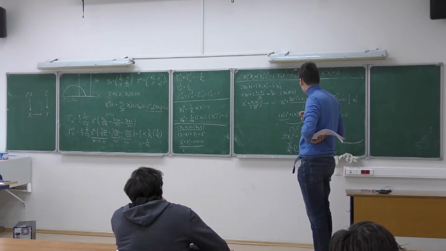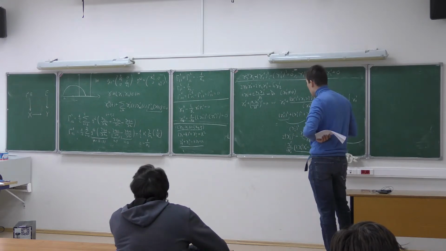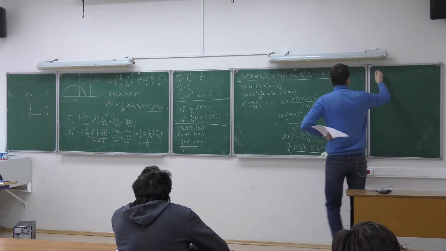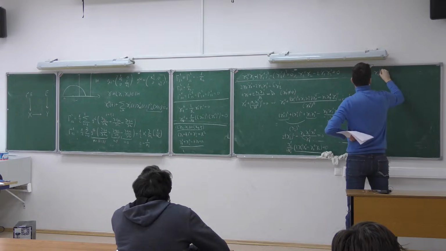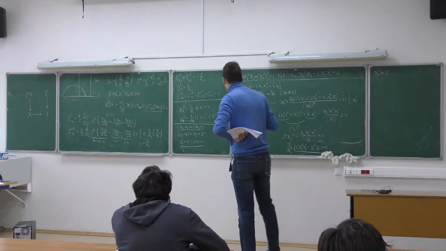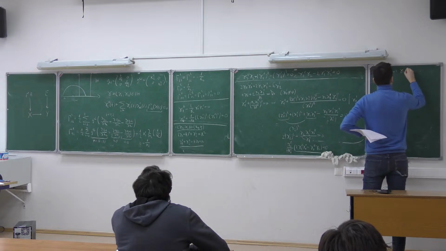И также является решением то, что гамма-1 штрих равно нулю. Ну, соответственно, гамма-1 это x0, некоторая фиксированная.